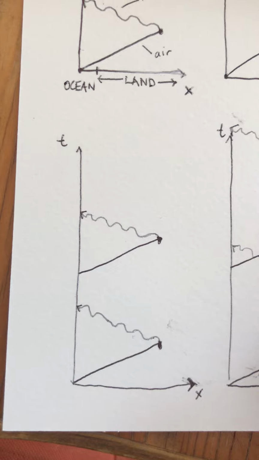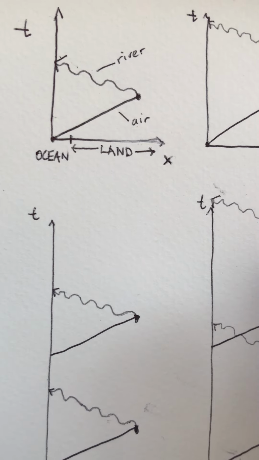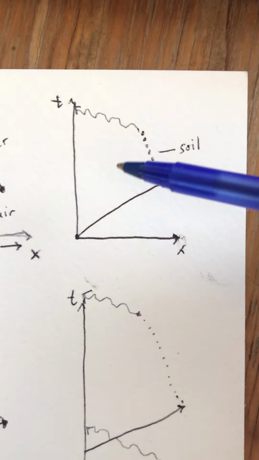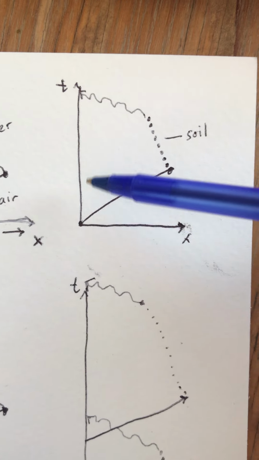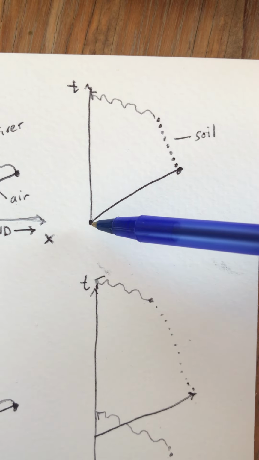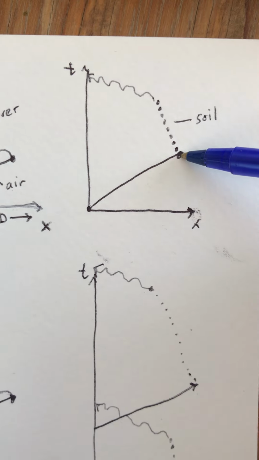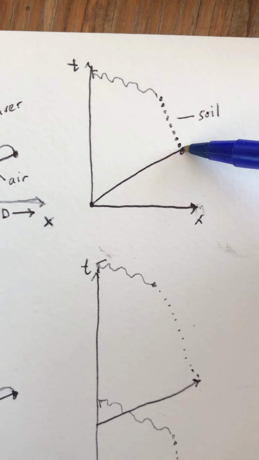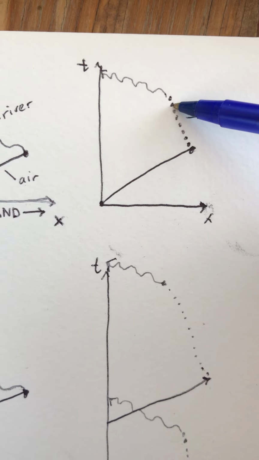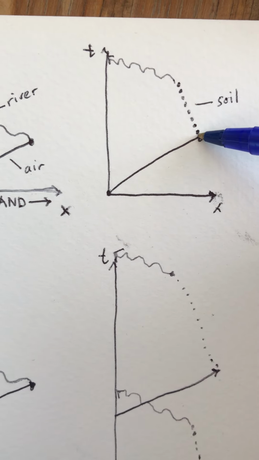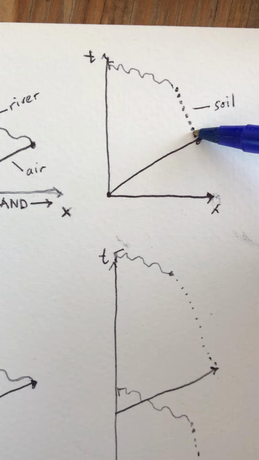Now we're going to see what happens if the water goes not just through the river, but also through the soil. Again we have the time and the space, and the ocean. The water comes in from the ocean, blows inland, comes to a certain point where it rains, and then it goes through the soil. You can see that the gradient is a little bit different than for the river, because it flows slower through the soil.